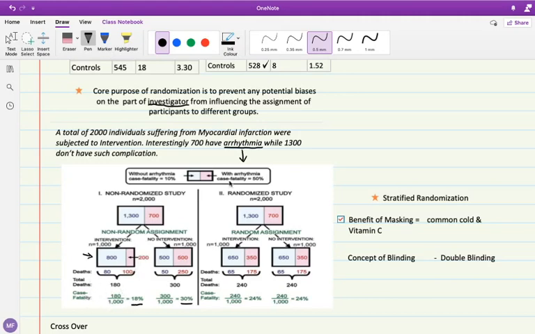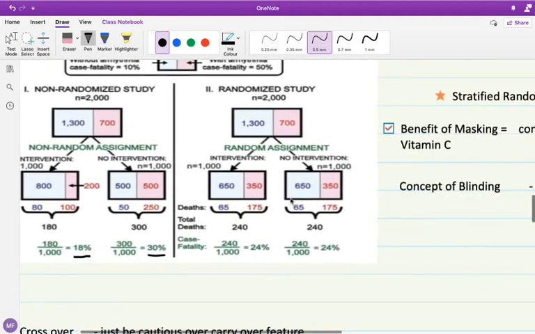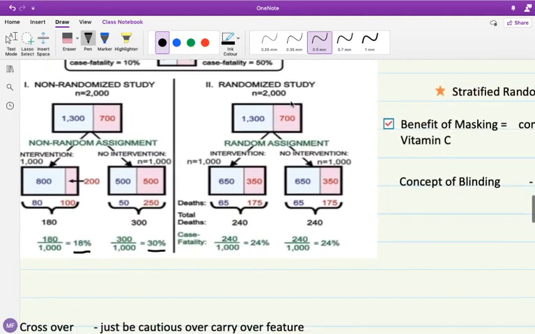Alright, let's look at the randomized study. In the randomized study, out of 2000 individuals, 1300 have no arrhythmia. We divide them into two halves, 650 and 650, and do the same with the arrhythmic patients, and then we observe the case fatality.